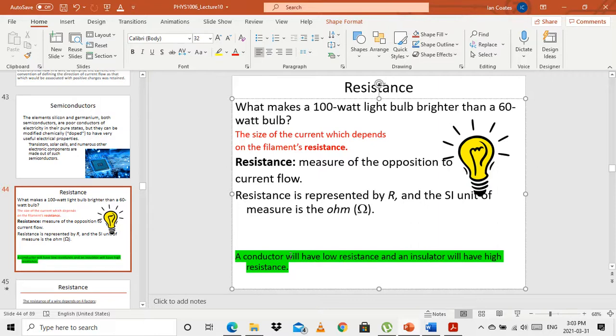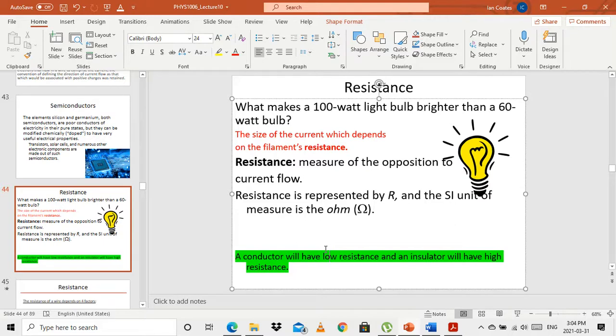Now, to better understand what resistance is, a conductor, so copper wire, gold wiring, silver wiring, any of these metals that are great conductors, will have low resistance. The metal, electricity just flies right through it, almost completely unimpeded.